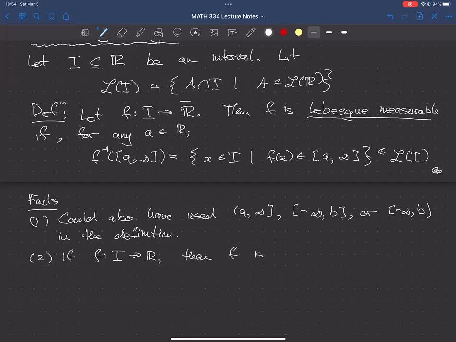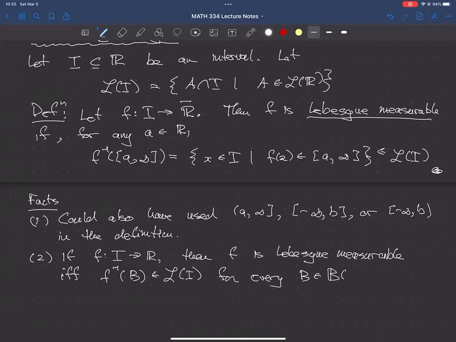Then f is Lebesgue measurable if and only if f inverse of a Borel set is in the Lebesgue measurable sets for every B in the set of Borel sets.